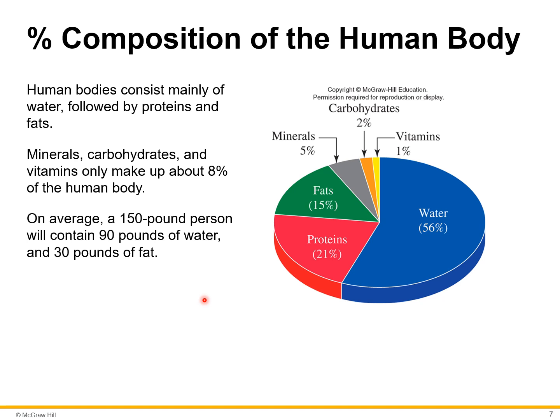In terms of chemicals or elements, the body is made up of, I'll write this down, about 65% oxygen, about 19% carbon, and about 10% hydrogen. You can see this is with water.